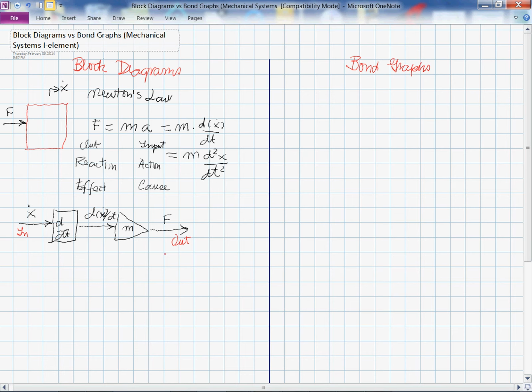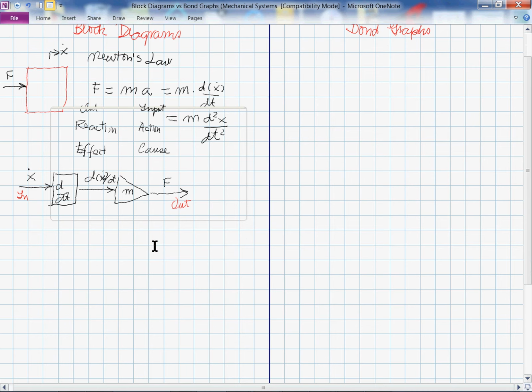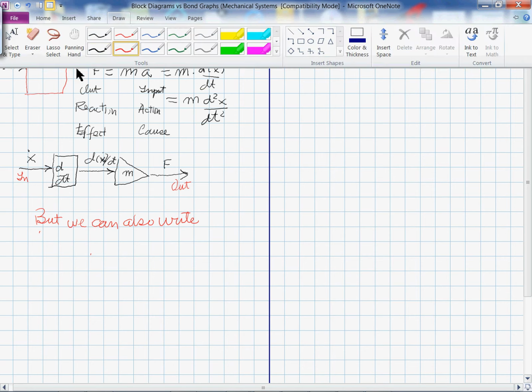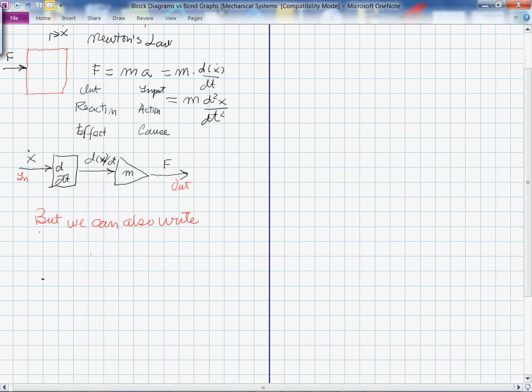Okay, we can also write the law a little differently. Instead of writing F equals ma, let me put this equation in front over here.